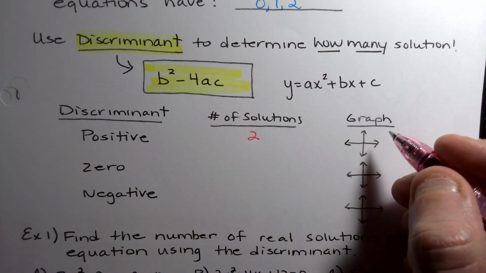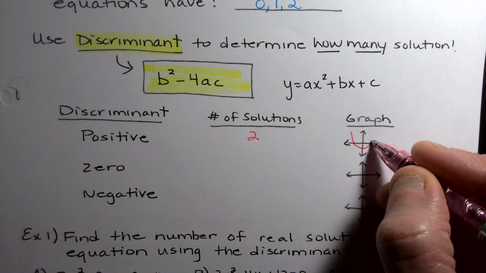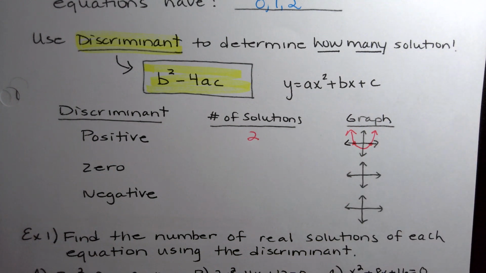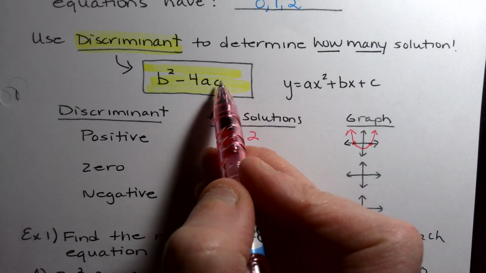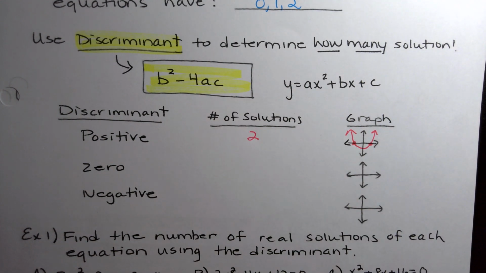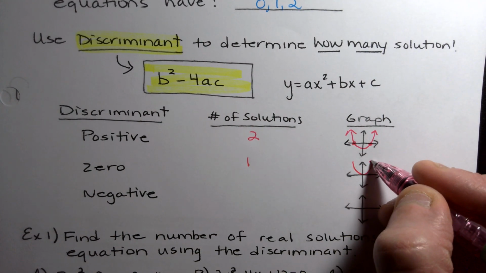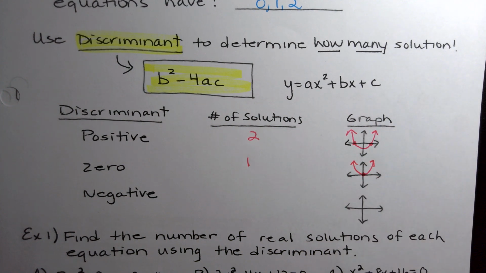Use a different color here, and that is this type of graph when it goes through in 2 spots.